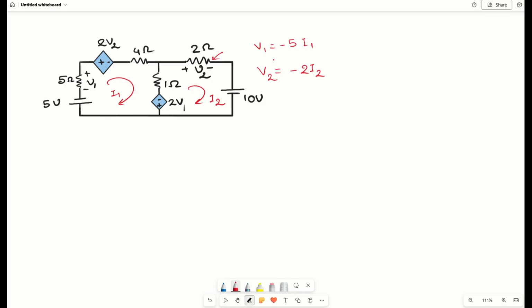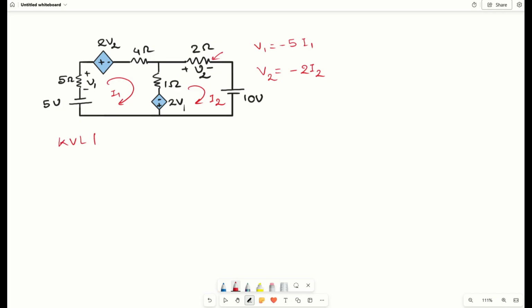So this is I2, this is negative to positive, this is positive to negative. Okay, let's see about the direction later. So first let's write down the KVL equation.